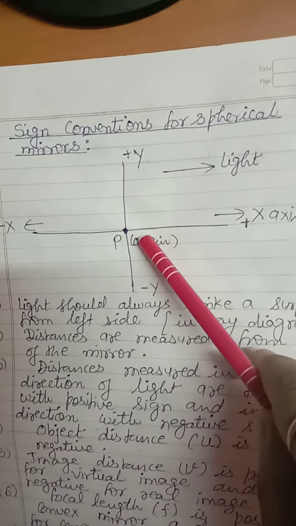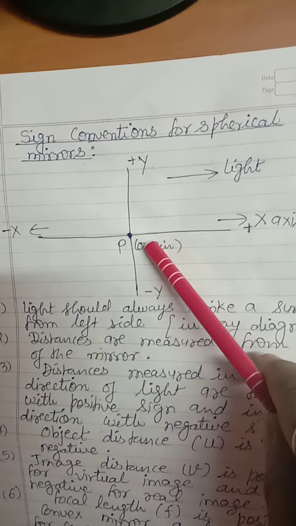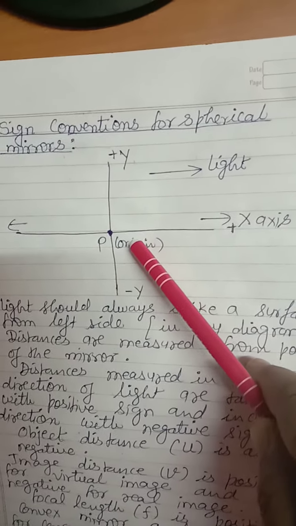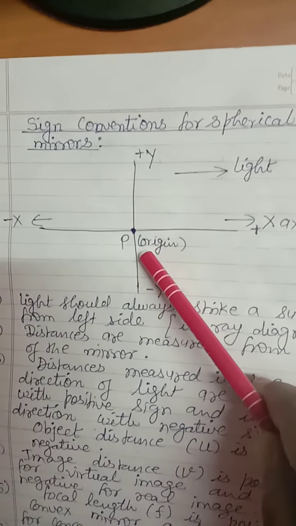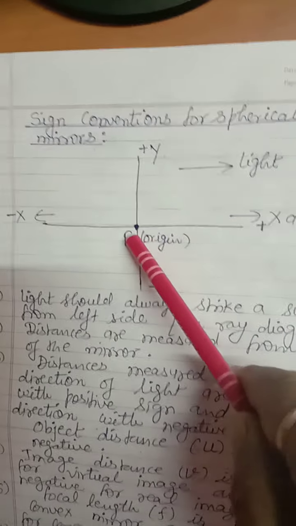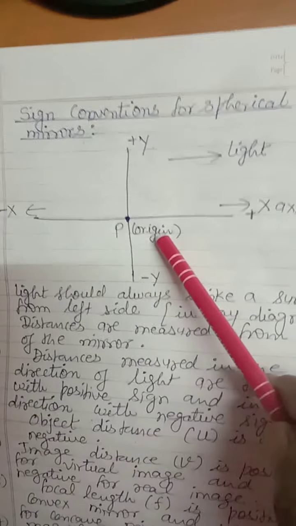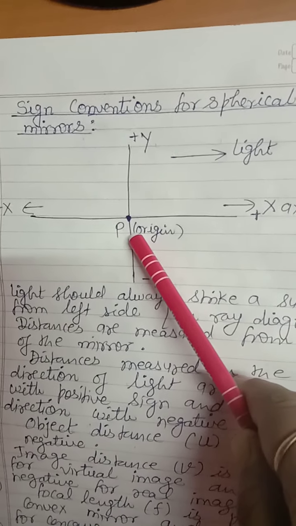When plotting a graph, if the coordinate is 3, 4, it means 3 on the x axis and 4 on the y axis. You measure the distance from the origin, and here the origin is the pole.